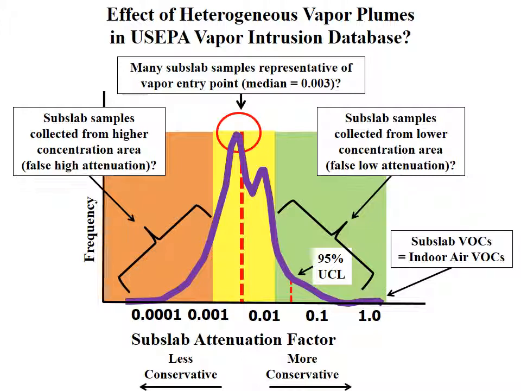So really, the purple line here within this graph is the actual frequency of attenuation factors reported in the USEPA vapor intrusion database for subslab soil gas samples and indoor air.